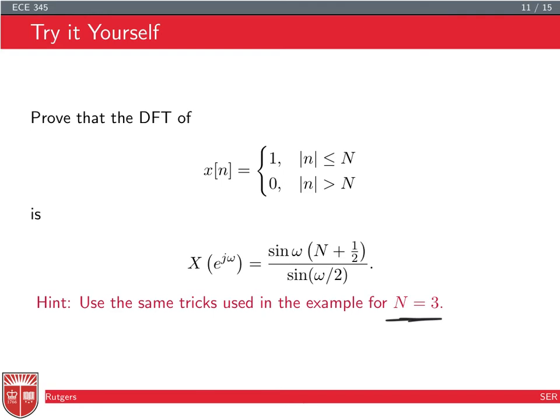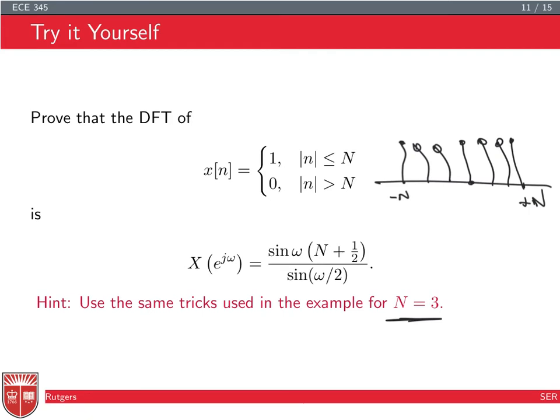So it's a box signal that goes over the interval from -N to +N. And the question is to find the DTFT of this signal. And to help you, I'm giving you the result.